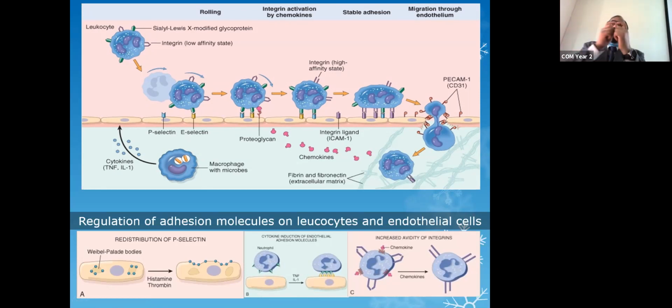By this chemokine, the door becomes open and it becomes high affinity. Now this high affinity integrin attaches with this ICAM strongly.